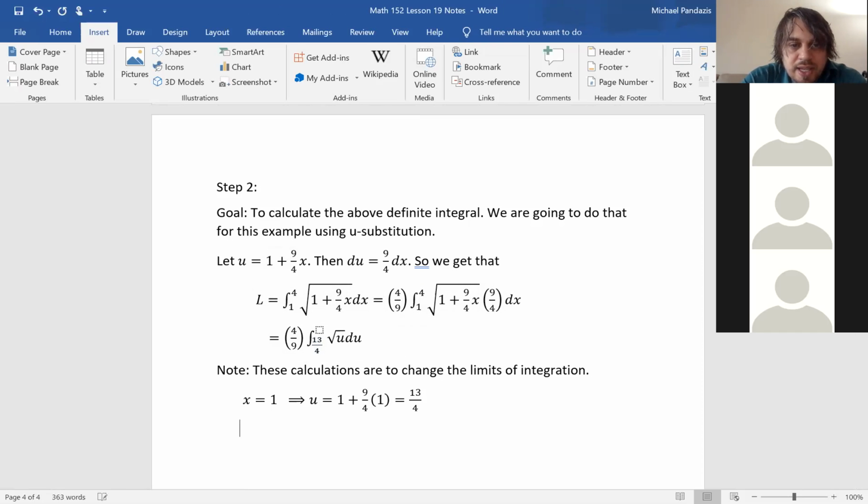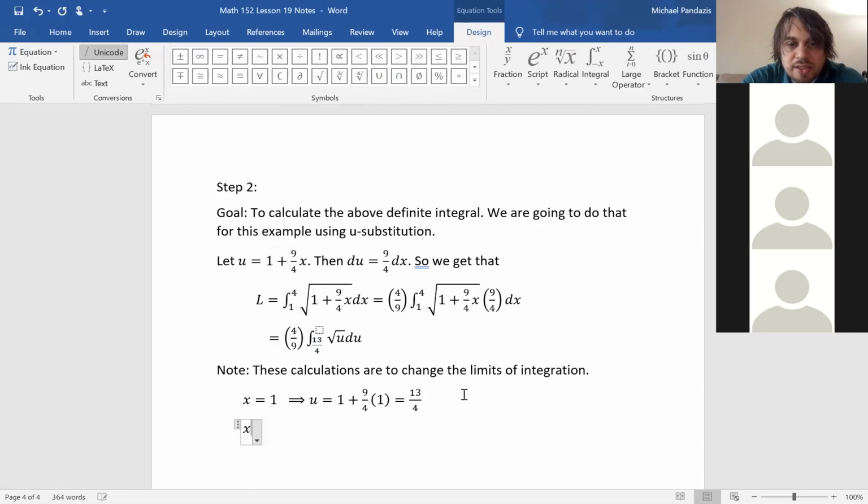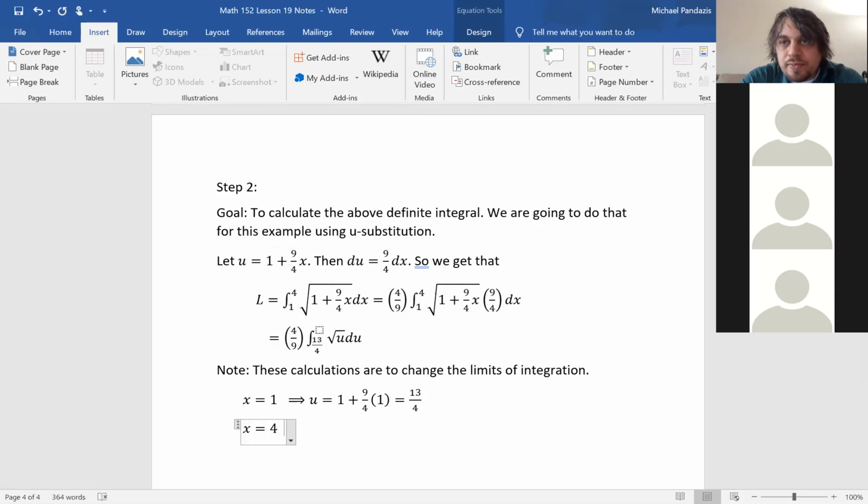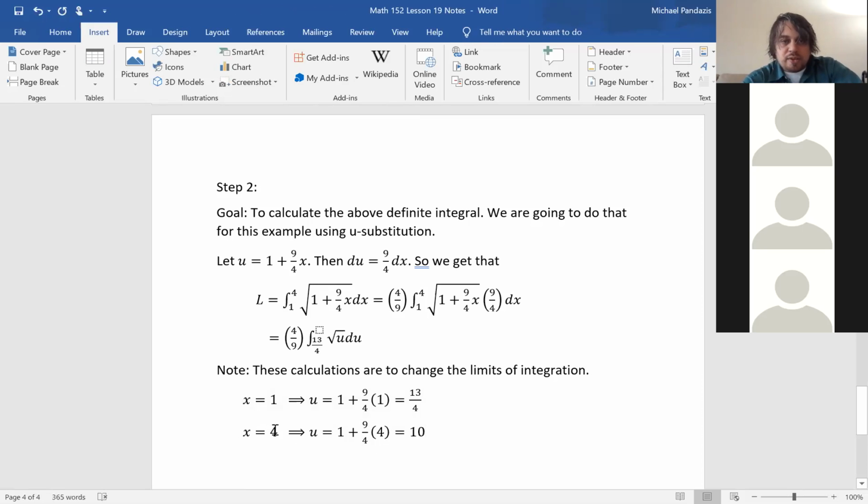Now, x equaling 4 implies that u is equal to 1 plus 9/4 times 4. The 4's cancel here, so you get 1 plus 9, which is 10. So now when x is 4, u is 10.